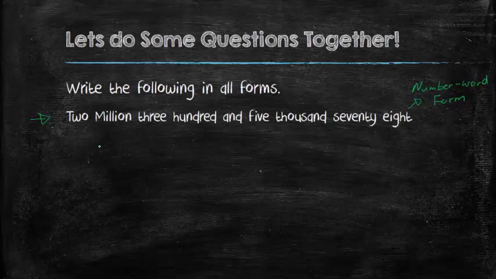Okay, let's do the standard form. 2,305,078. So let's read that again. 2,305,000 and 78. Okay, so this would be the standard form.